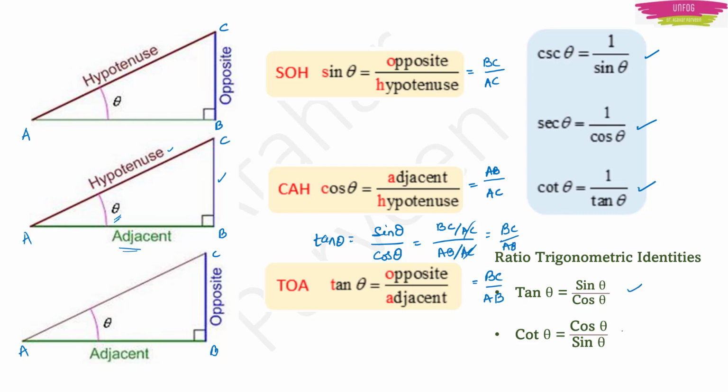So this thing I have already told you, right, that tan theta is equal to sin theta upon cos theta, and cot theta is the reciprocal of tan theta. That's why cot theta will be equal to cos theta by sin theta. So if tan theta is sin theta by cos theta, cot theta will be the reciprocal, that is cos theta by sin theta. Okay.